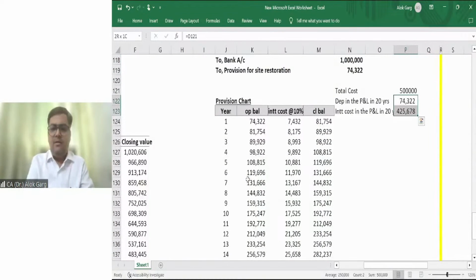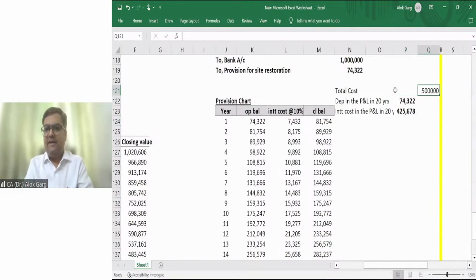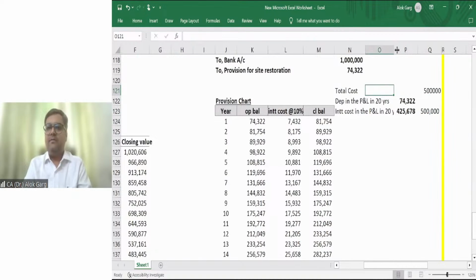See, in 20 years, you have only charged 5 lakh rupees. The total cost is 5 lakh rupees. And in the P&L, you have charged 5 lakh rupees only. That is what you have charged in the P&L.